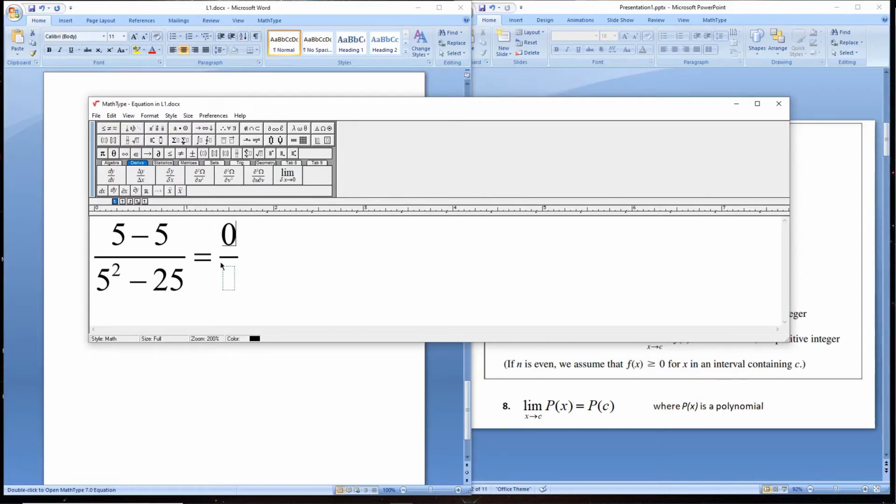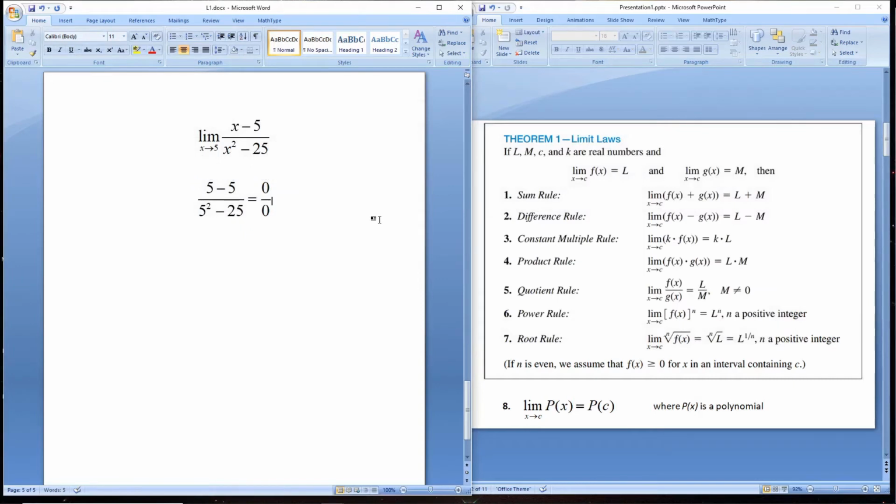This equals 0 over 0. So this limit is in the indeterminate form. We cannot determine an answer as it's currently written. And so we have to do something else to try to get out of this.